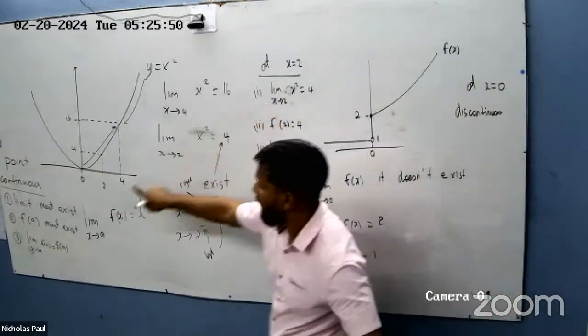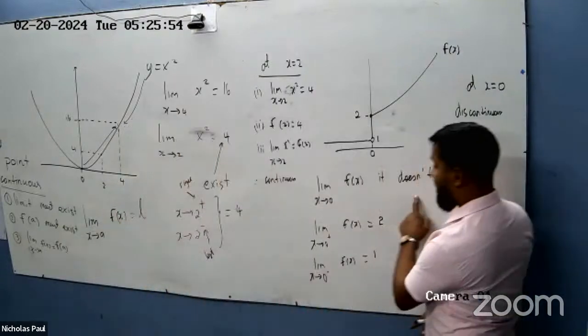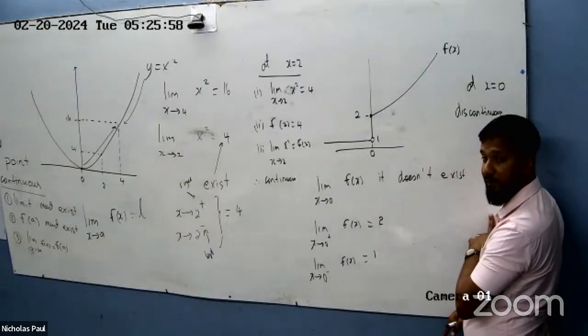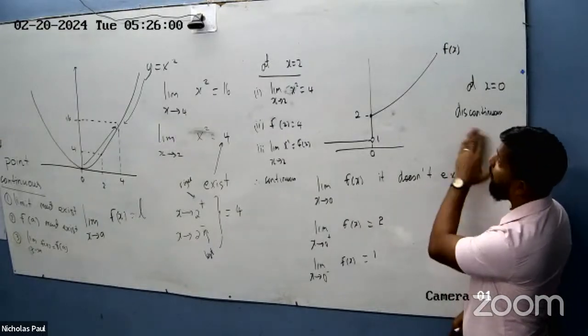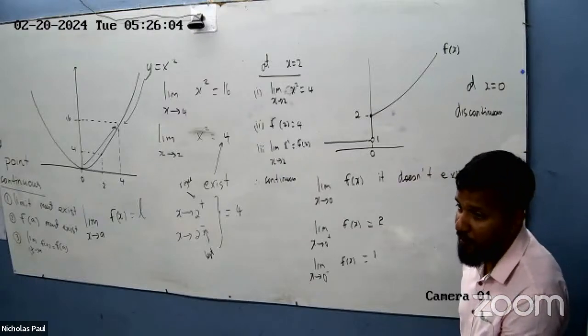First rule, limit must exist. Does the limit exist when x is 0? No, it doesn't exist. So therefore discontinuous. Are you okay with that?